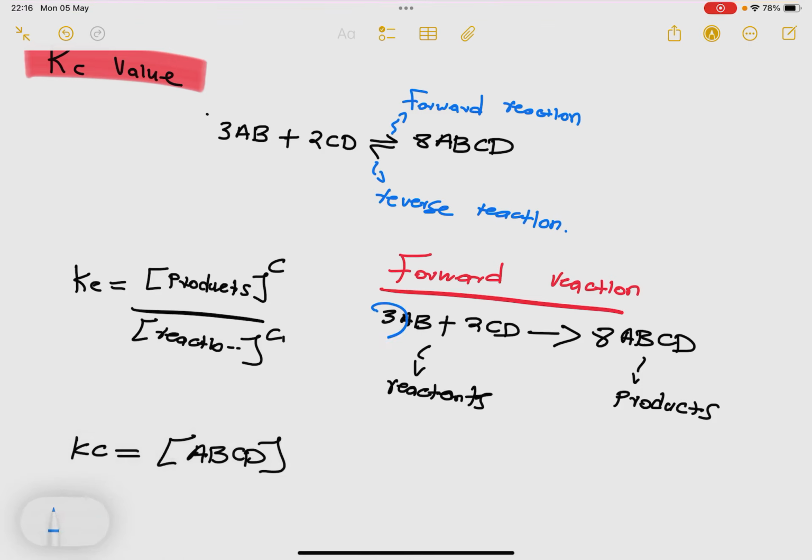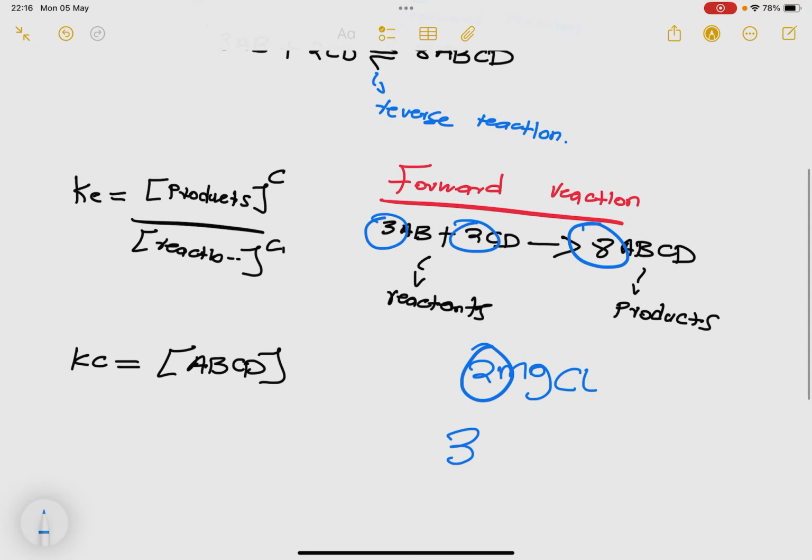Now, the coefficients are these little numbers that you find in front of certain variables, right? So let's say it is 2 magnesium chlorine, I don't know, chlorine magnesiate, so the coefficient is this 2, right? So let's say we've got 3 carbon dioxide magnesium.